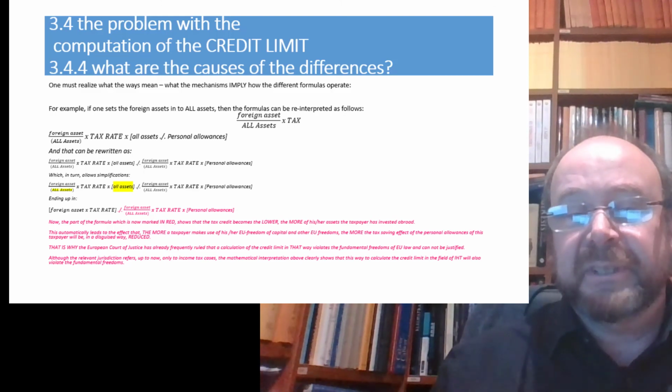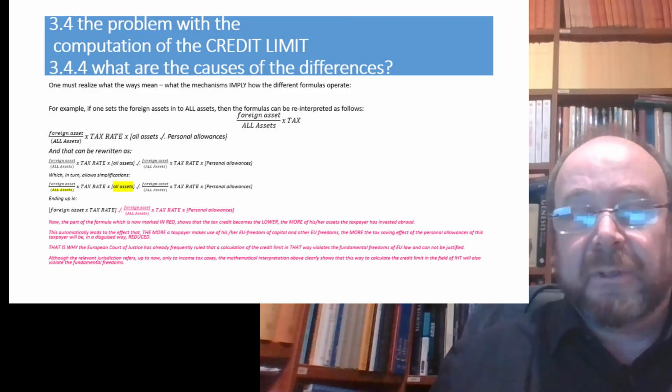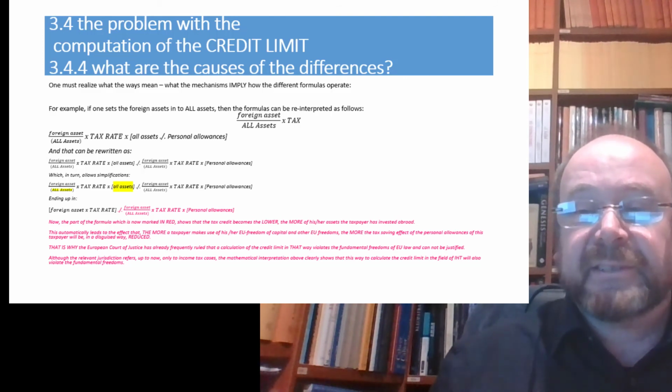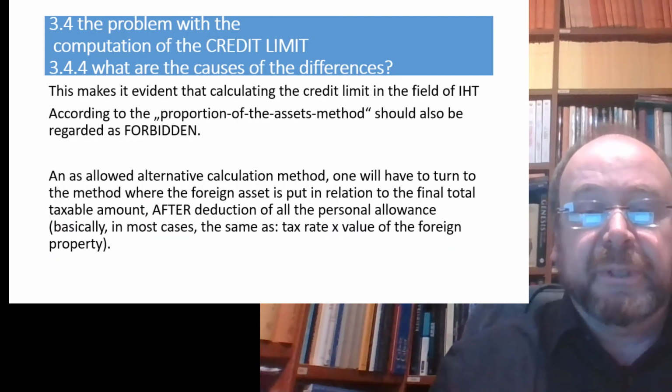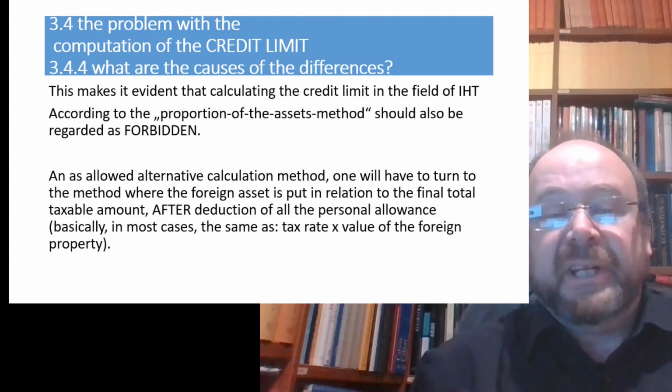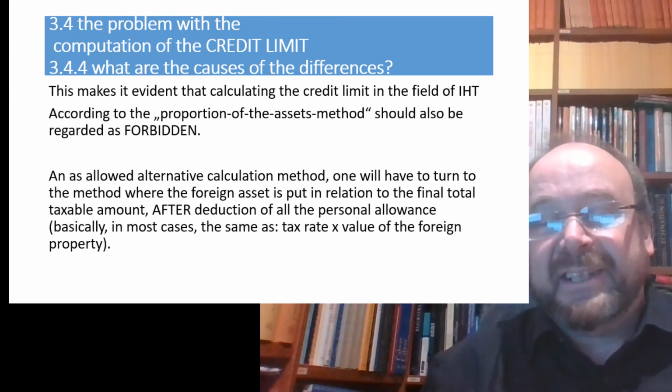That has already been decided, and so that should also be done in the same way in the field of inheritance tax. So here that proportion of the assets method or proportionality method should also be regarded as forbidden.